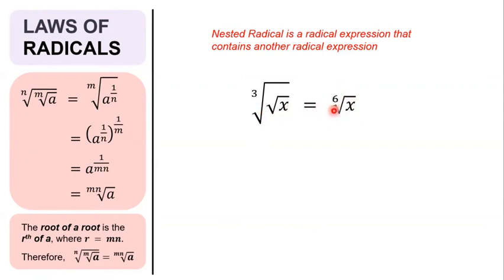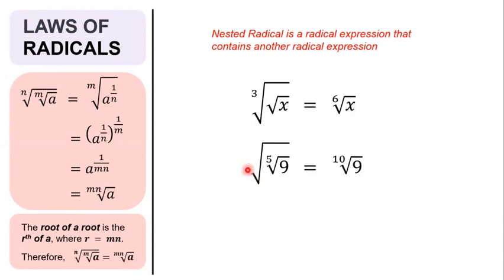Saan nakuha yung 6? Kasi we have multiplied the outside index na 3 and the inside index na 2. So we have 3 times 2 is equal to 6. Sulat lang and then kopya lang yung ating radicand na x. So sunod dito sa ating rule.